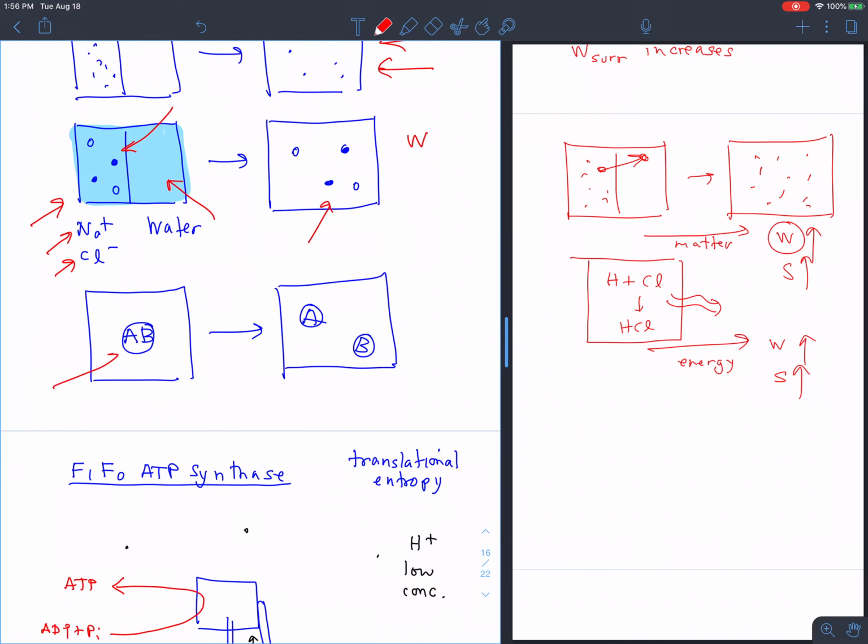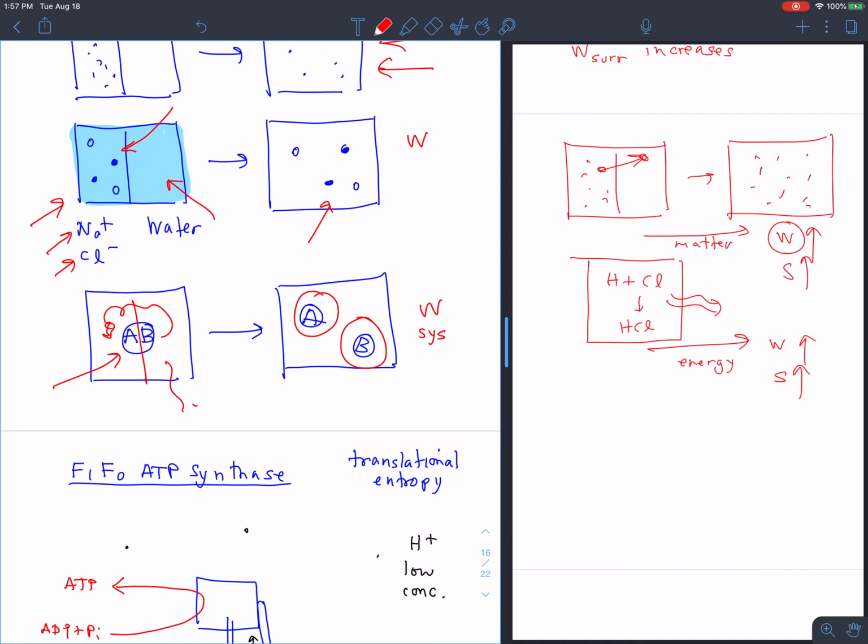Likewise, if I have a molecule like this one, where there are two parts to it, A and B, but it's bound together in a single unit that can run around inside the box freely enough, but it always has to stay together, and then we break that bond or tear the molecules apart somehow so that they can now run around independently, then W for the system, at least, will increase, right?